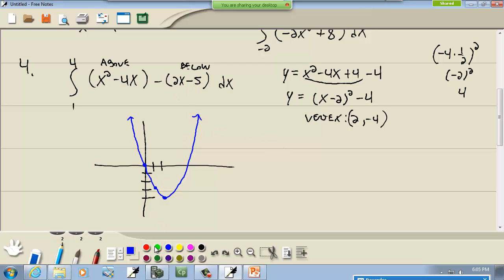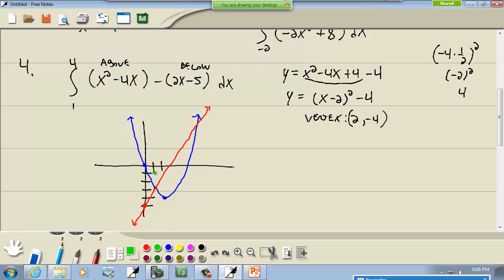Now 2x minus 5. 1, 2, 3, 4, 5. As good as I can get a straight line. It looks like that. And we're looking at from 1 to 4.